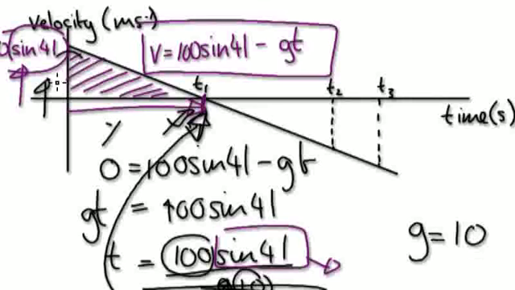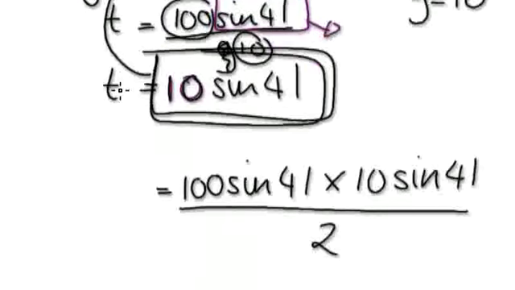Remember, we are getting this times this, and then divided by 2. Okay, that will give us maximum height.